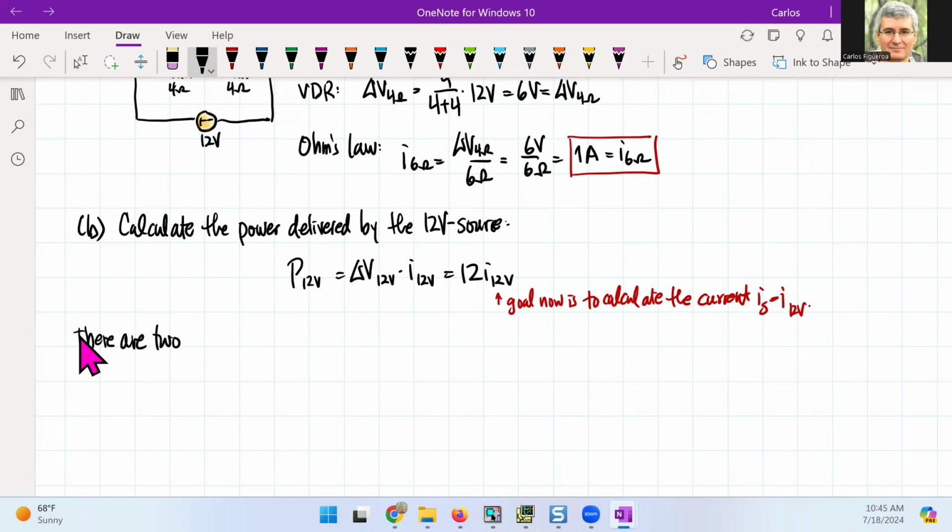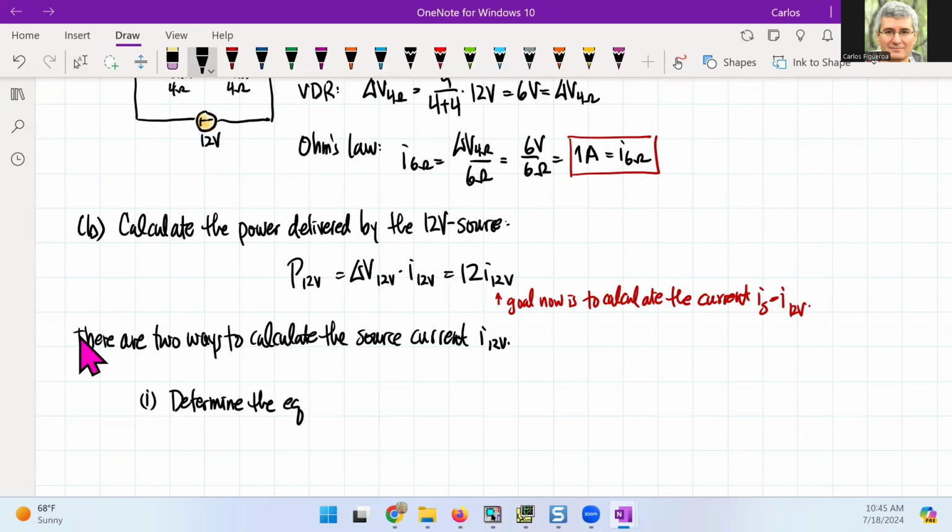There are two ways to calculate the source current I 12 volts. One of the most common ways that people do is that they determine the equivalent resistance and apply Ohm's law.